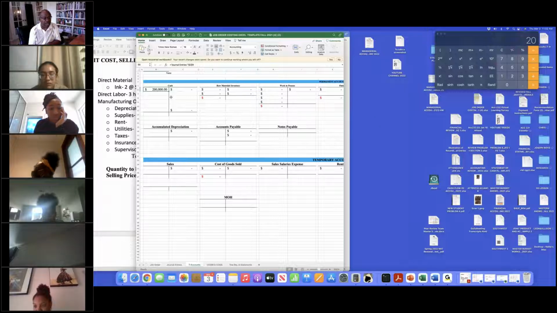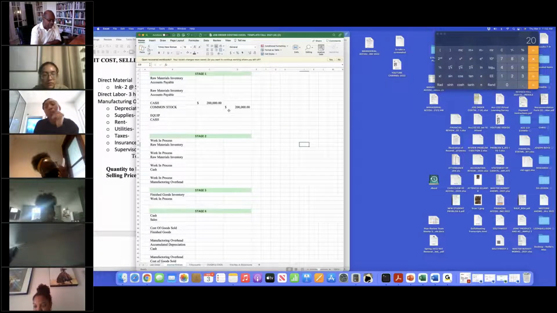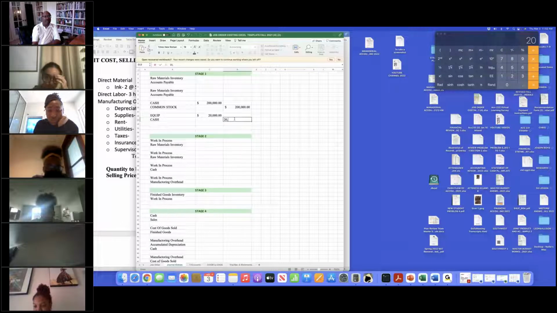Now I'm going to make one other journal entry. So let's go back to journal entries. I'm going to buy some equipment for cash. So let's assume I buy $20,000 worth of equipment for cash. I want to paste the cash amount, so now I'm going to hit Control C again.